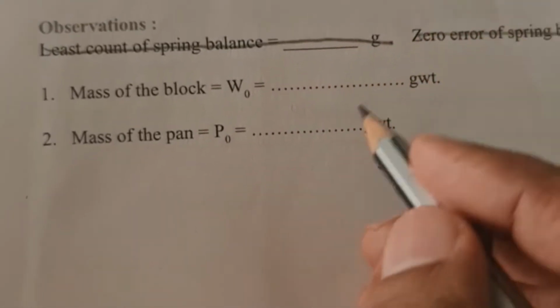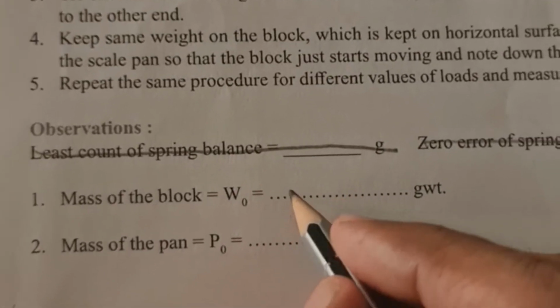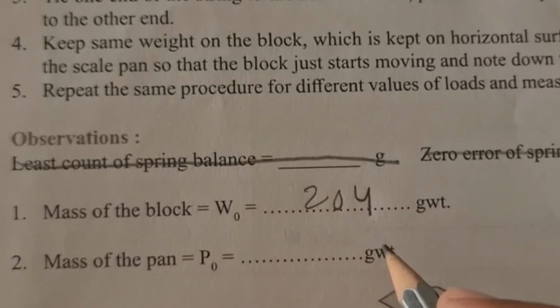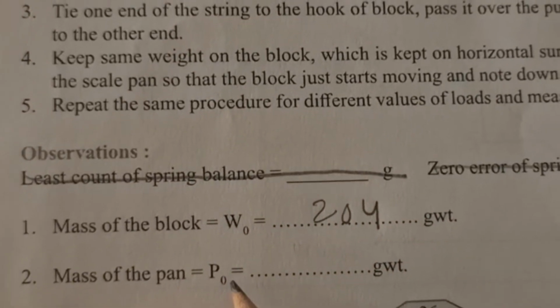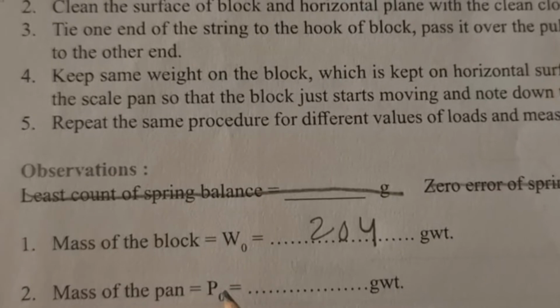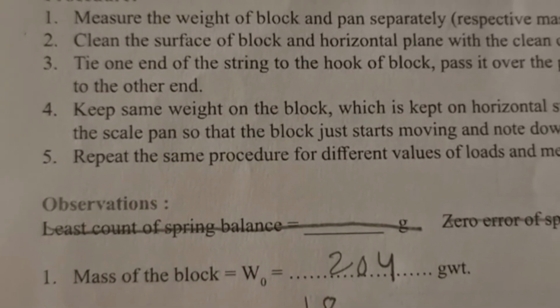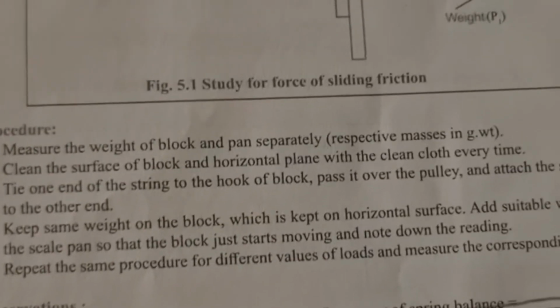And the mass of the block, as was mentioned on the body of the block, was 204 gram, and the mass of the pen P naught, as mentioned on the pen behind, was 18 gram, which we can mention over here.